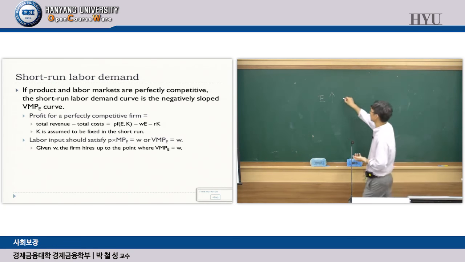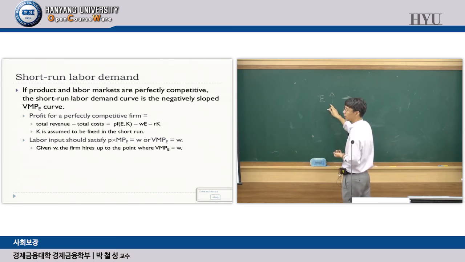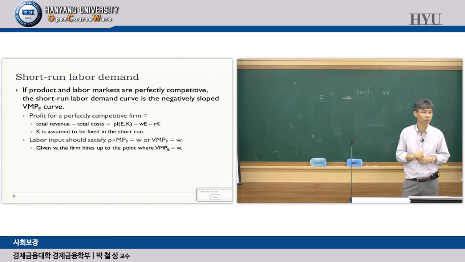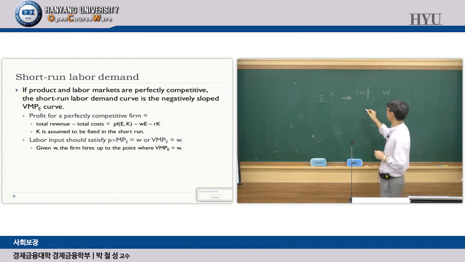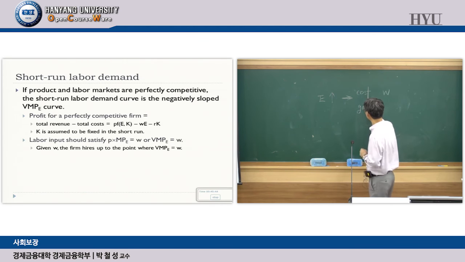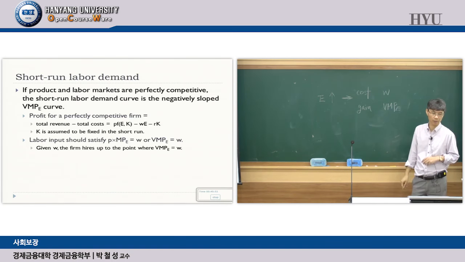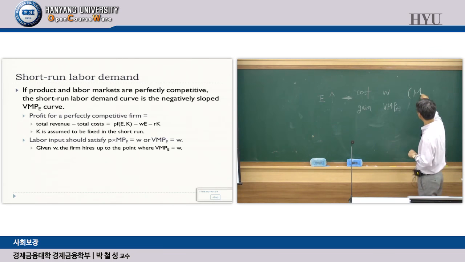If you increase E by 1 unit, then your cost is going to increase by W. But you get a gain of VMPE. It's the marginal cost. You can say marginal revenue.